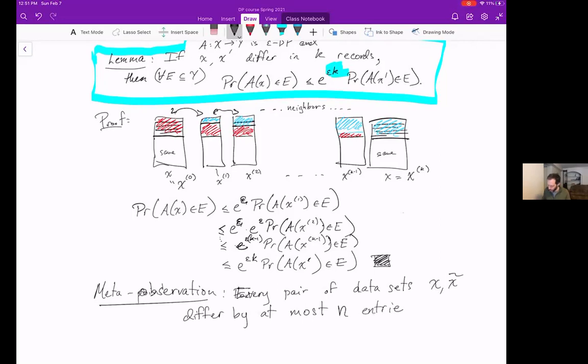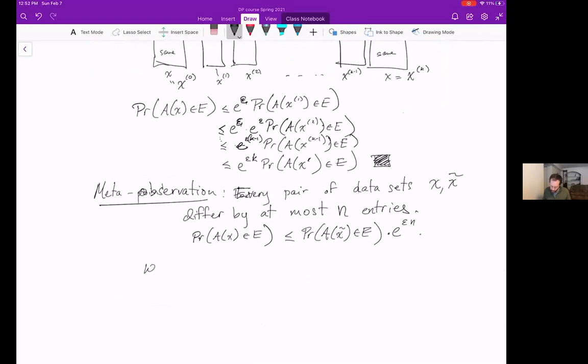There's no way you can have two data sets of length n that differ in more than n entries. And so that means that the probability that A of x lies in E is at most the probability that A of x tilde lies in E times e to the epsilon n.